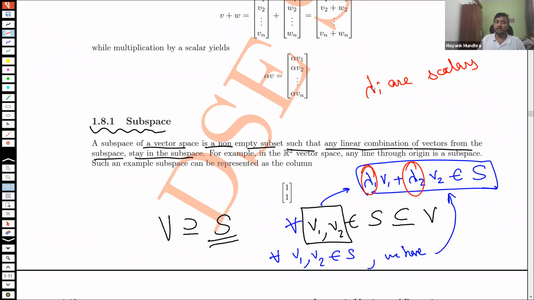Whereas the vi's are vectors, components of the original vector space V that I'm considering. What v1, v2 look like depends on the original vector space. They could be two-dimensional vectors, three-dimensional vectors, 2 cross 2 matrices, anything from the particular vector space.